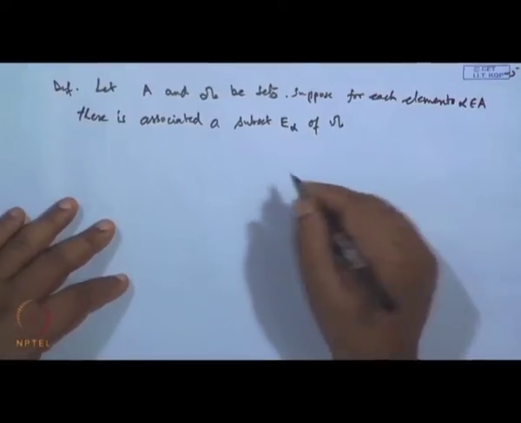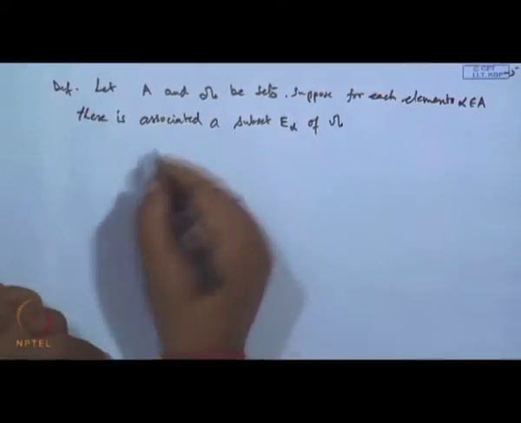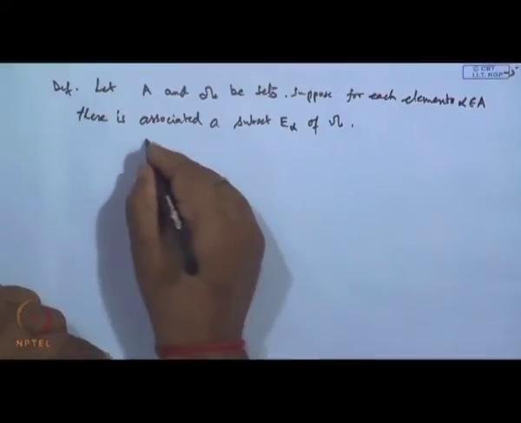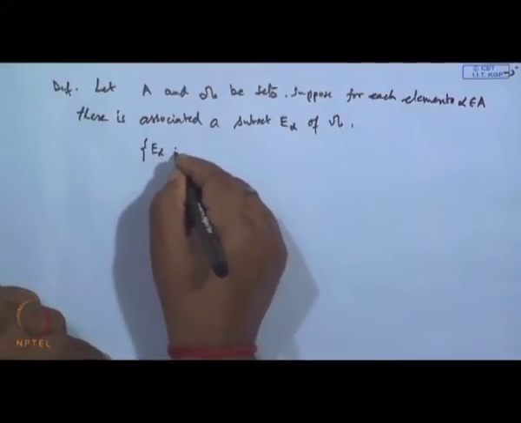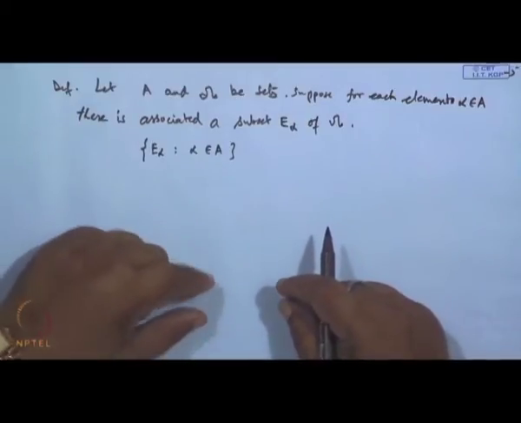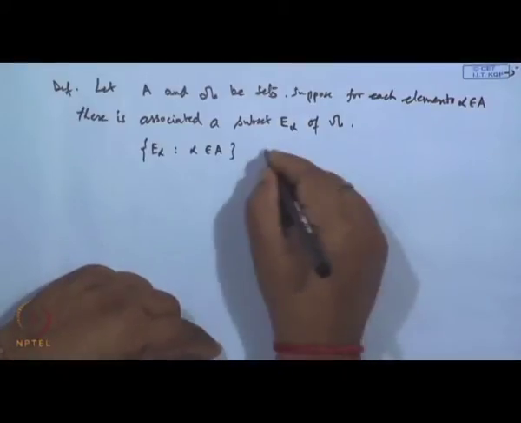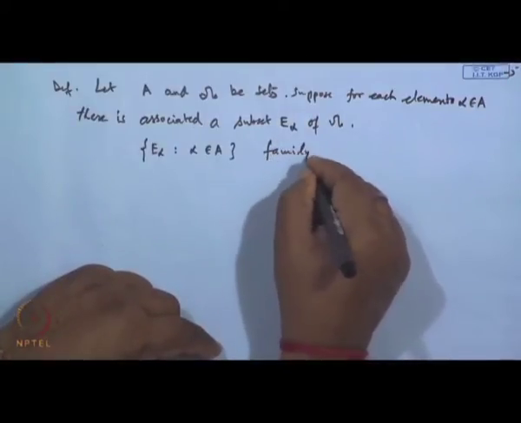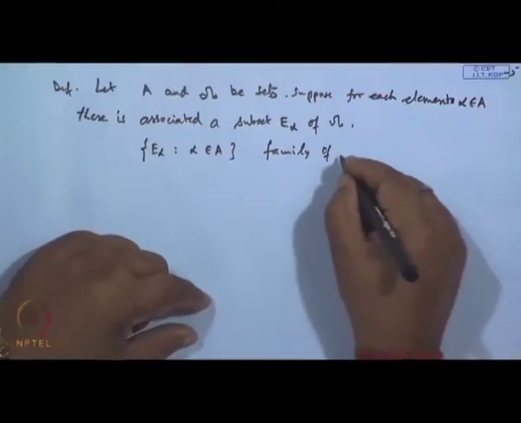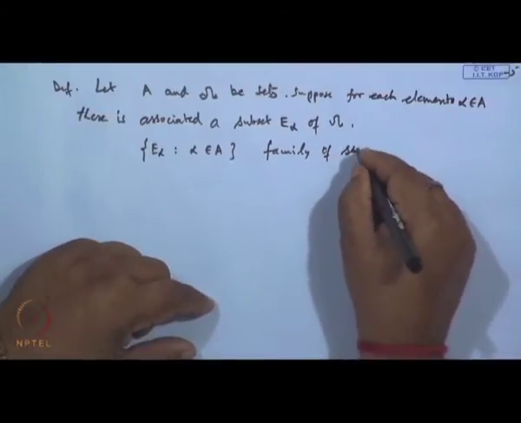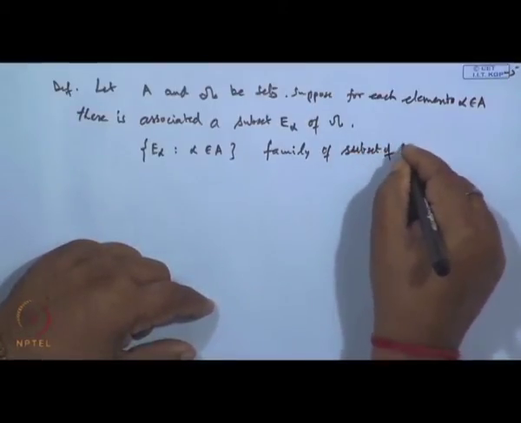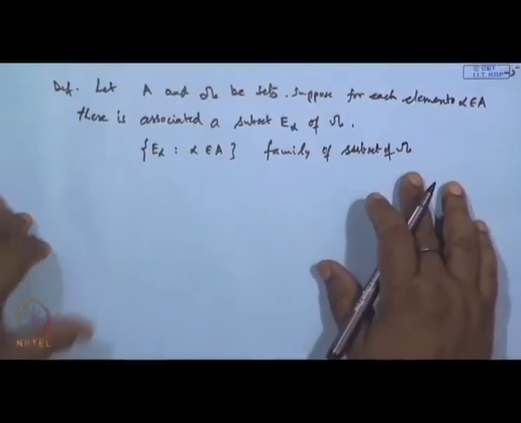Okay. Then the collection of all these E_alpha, where alpha belongs to A, is the family of subsets of Omega.